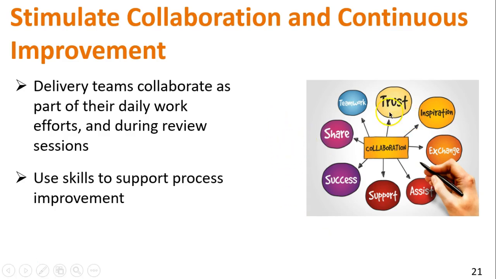Trust is a big one here for teams. We have to be able to trust that all of the people that are involved in our initiative are working towards the same goal, working towards not that I get my job done, but that we get our job done.